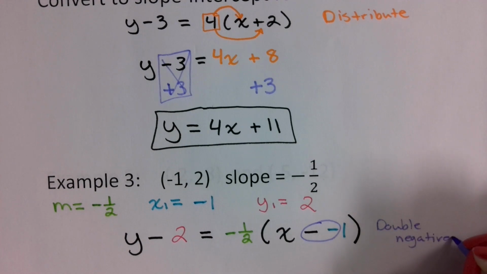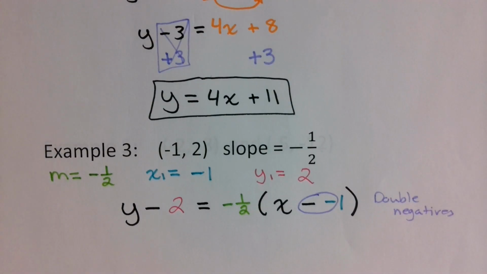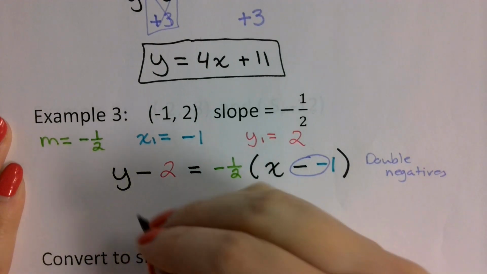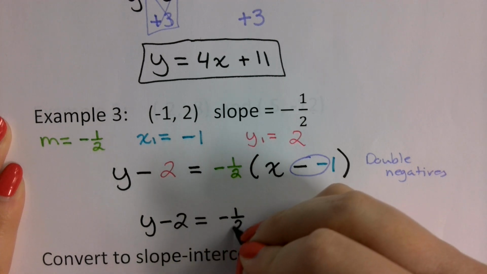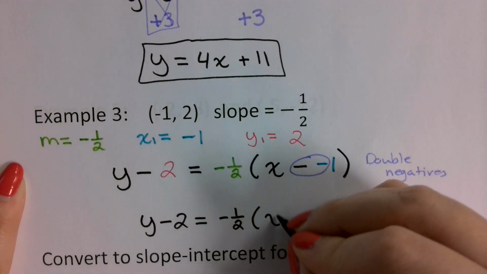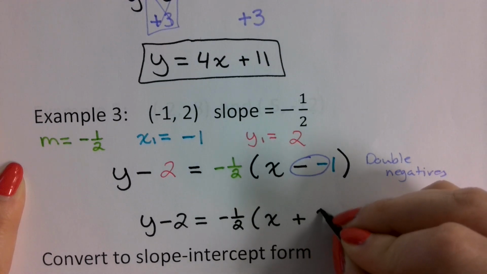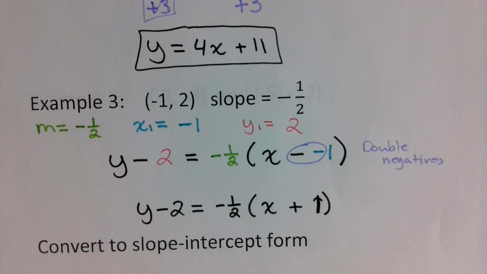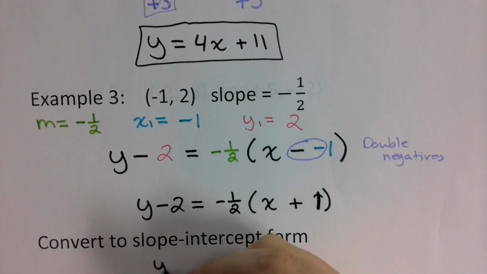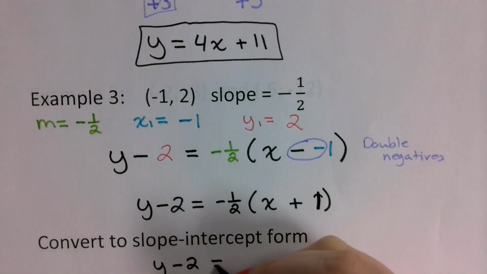So we're going to convert it down to a positive. So our point slope form should be y minus 2 is equal to -1/2 times x plus 1. Okay, now we can go ahead and start converting.